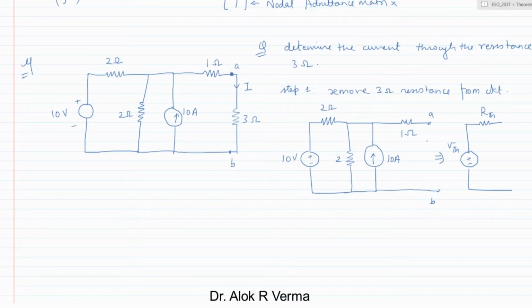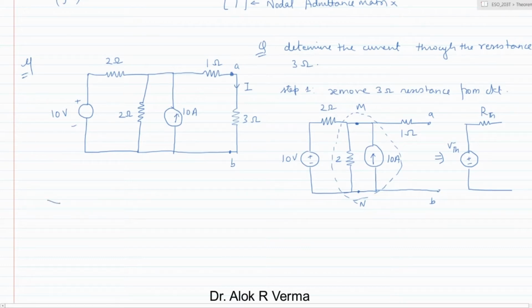In the first method, we can convert this current source to a voltage source. The 10 ampere current source between nodes M and N is replaced by a voltage source in series with a resistance.